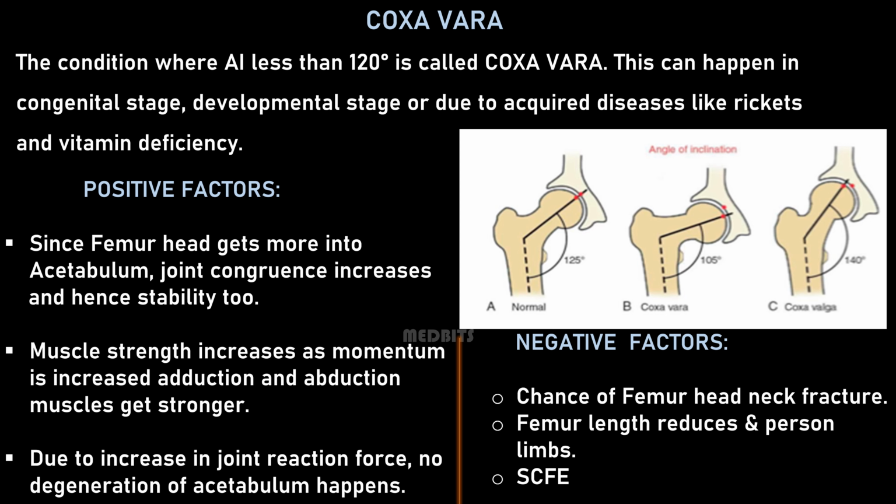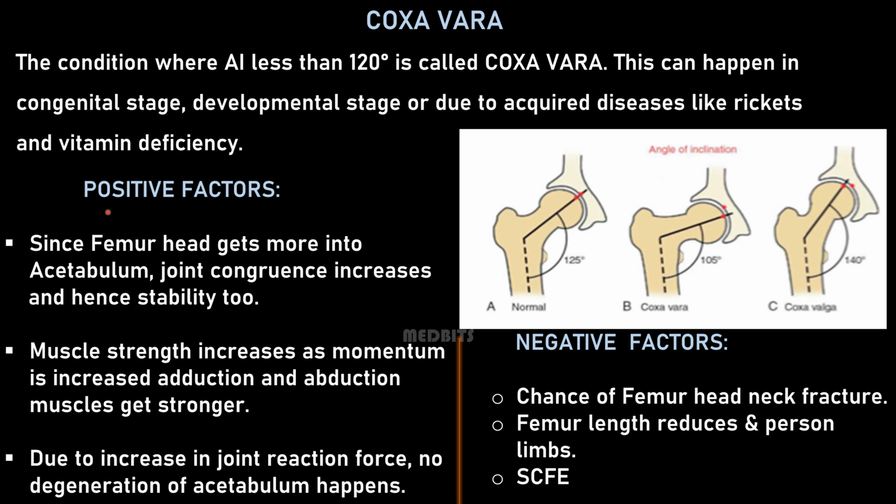Coming up with the next one, which is Coxa Vara. In this condition the angle of inclination is less than 120 degrees, which is called Coxa Vara. This can happen in the congenital stage, which is the developmental stage, or due to acquired diseases such as rickets and vitamin deficiency.